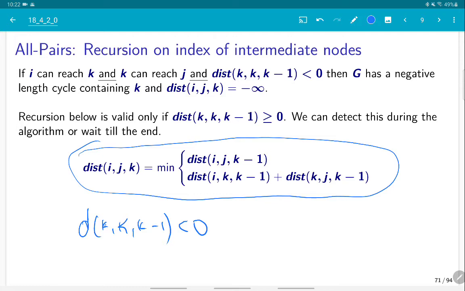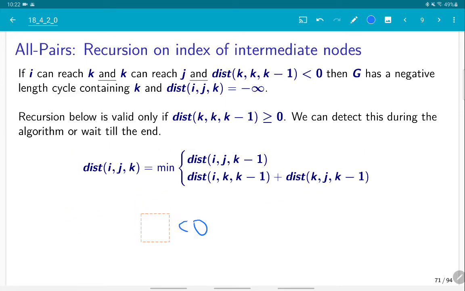Alternatively, Bellman-Ford can detect negative cycles for us, so we can run Bellman-Ford first, but it's simpler to just check at the end of the execution if we have a negative cycle computed. Okay, so now we have a recursive function for computing the shortest path between all pairs of vertices.